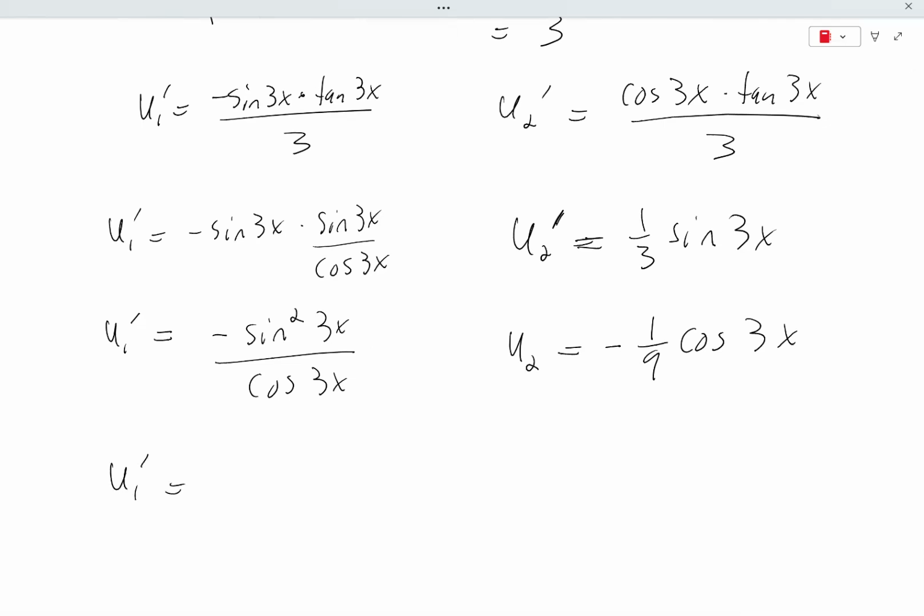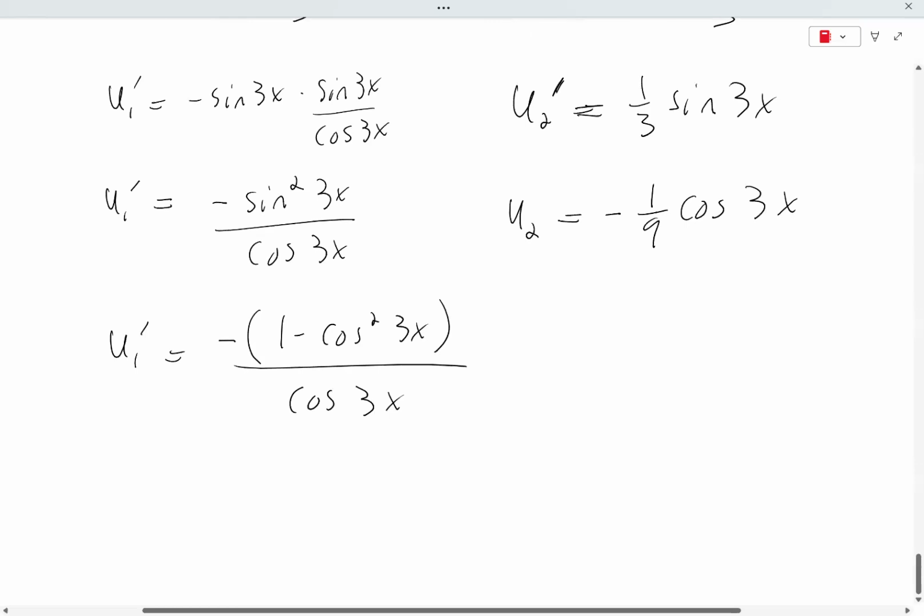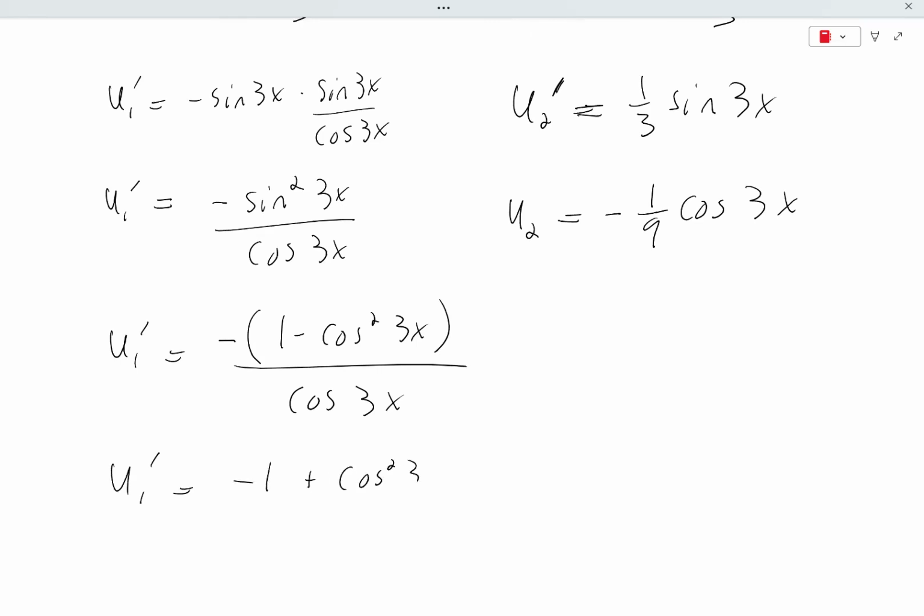I'm not going to give up quite yet on it. Okay, so then I can do y1 prime equals, I distribute that now. It's getting messier than I thought. Negative 1 plus cosine square 3x over cosine 3x.